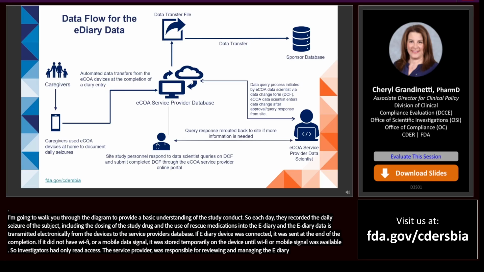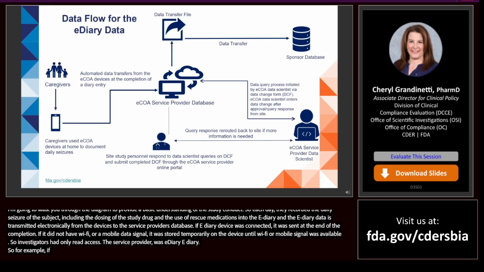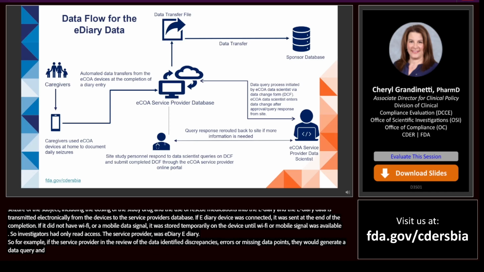So, for example, if the service provider in the review of the data identified discrepancies, errors, or missing data points, they would generate a data query and send the query to the site via an online portal. If the query resulted in a change to the eDiary data, then the investigator had to authorize the data change and did this by completing a data change form in the online portal.